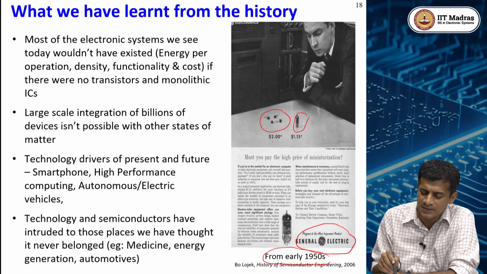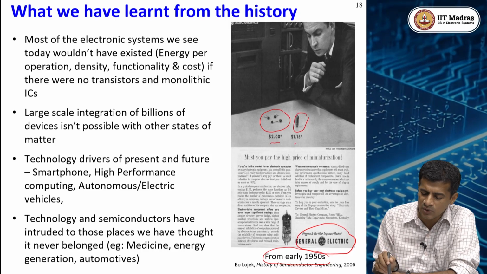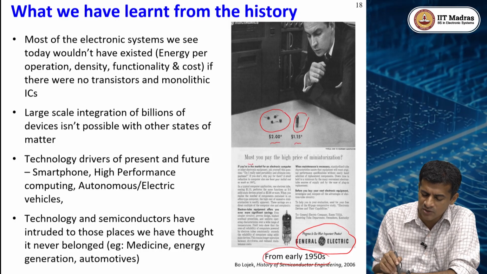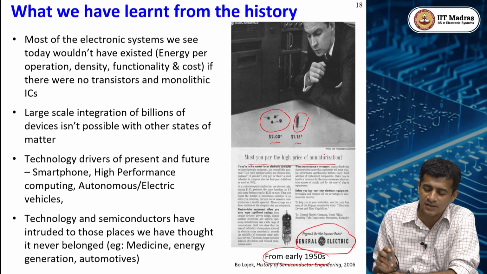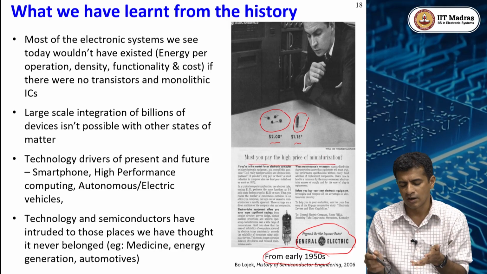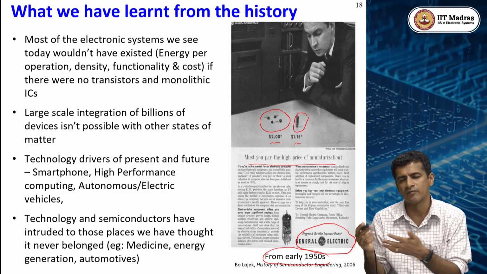If you look at the price, it is $2 per transistor, and only $1.15 for the vacuum tube. The question is, must you pay the high price of miniaturization? That's a provocative question. Why do you want to spend more for transistors? Why can't we stick with vacuum tubes?